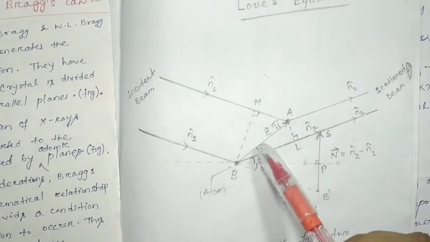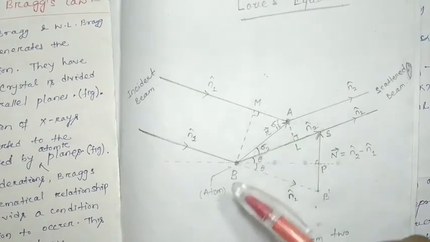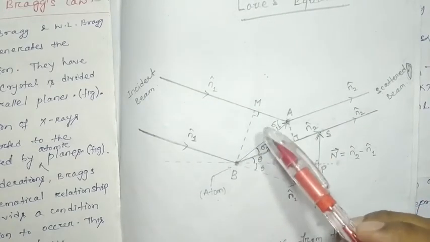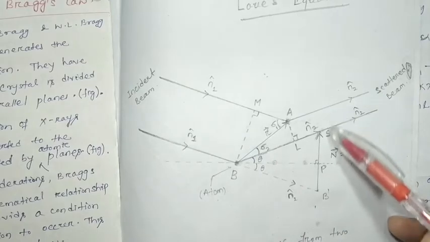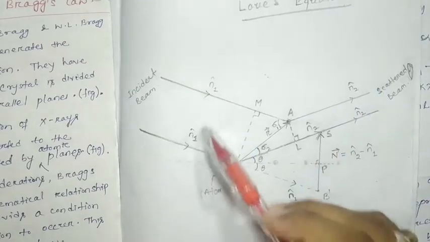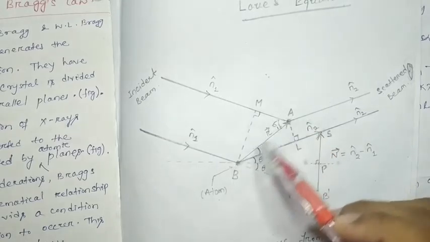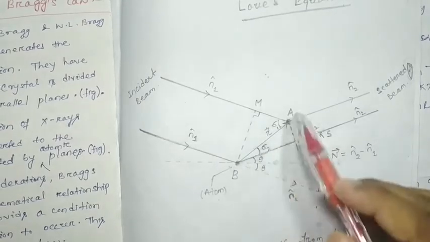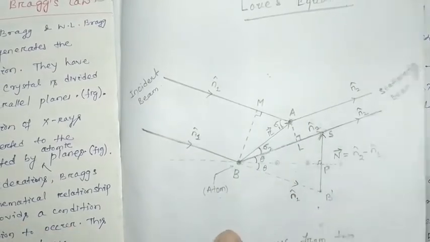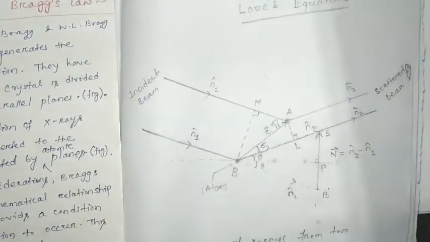Laue considered that individual atoms scatter the X-ray beam incident over two atoms, and from this he derived the conditions, the so-called Laue's equations.